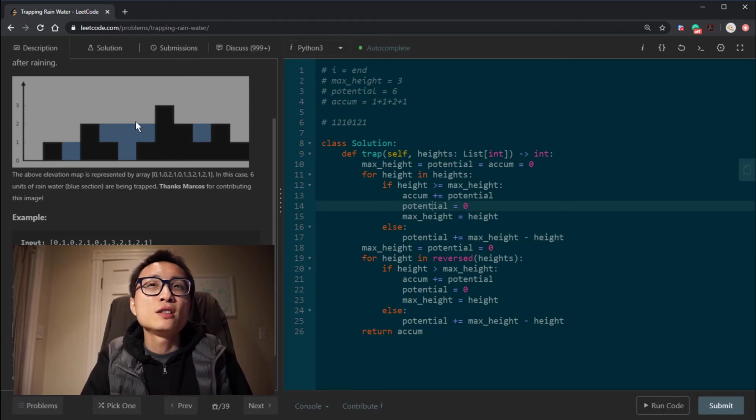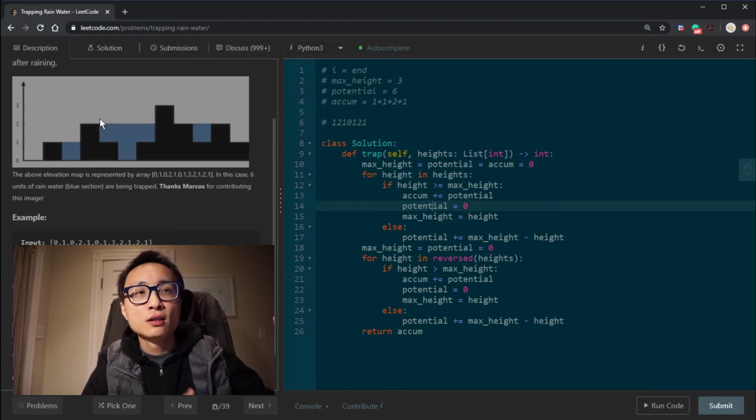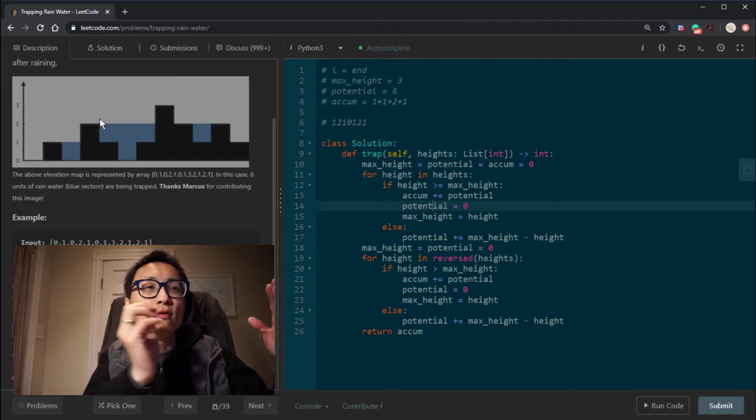So we're waiting until we find another higher ground, then we can move the potential onto the kiln. In this two-pointer one-pass algorithm, we are pretty sure the other side is going to have a higher land, that's why we are moving towards there.